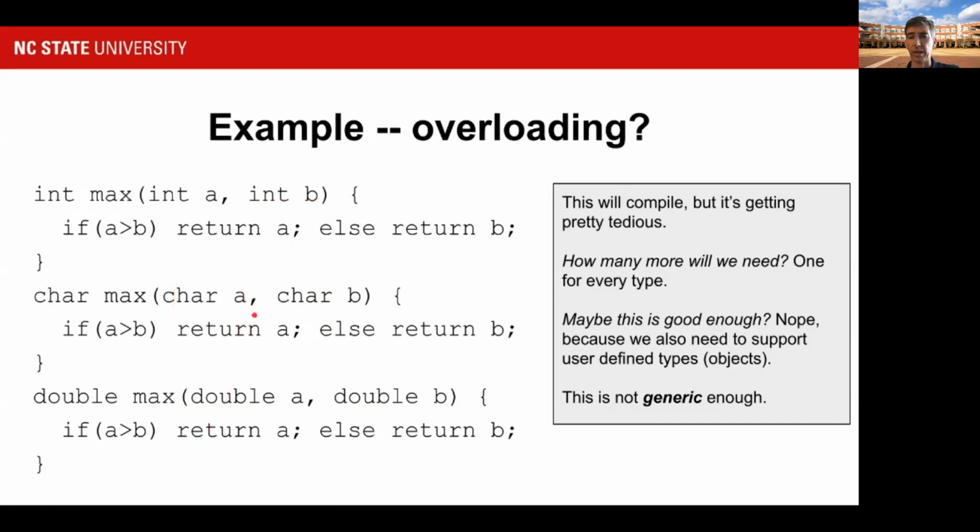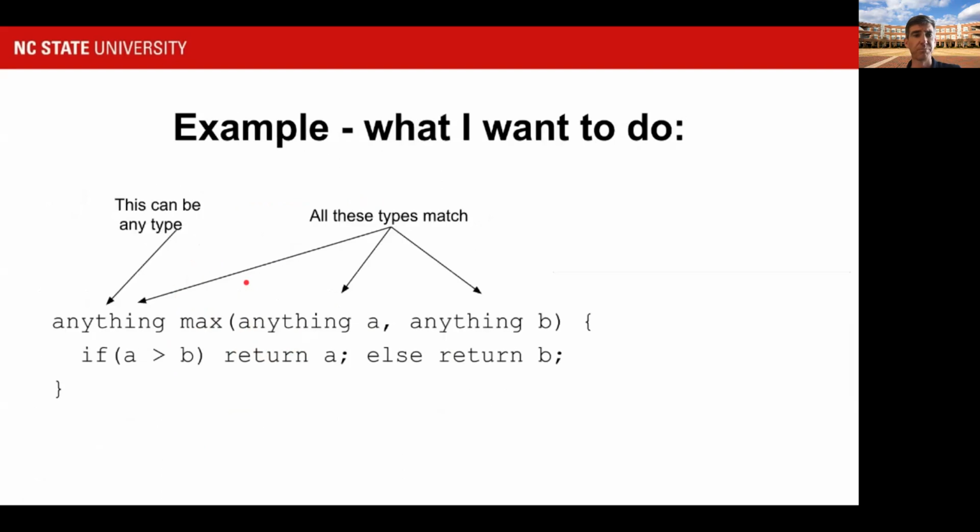And who knows how many more types I'm going to need. So this isn't really good enough. And if I want to use this function on objects, I'll have to rewrite it again for objects. So this is not generic enough. This does not save me much effort. It really creates work for me if I have to create all these different implementations for all the different types.